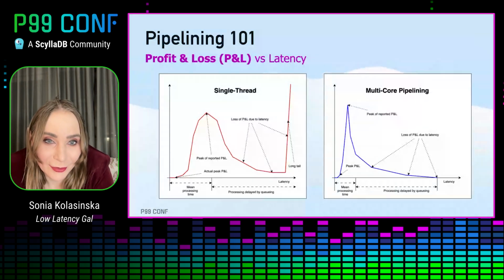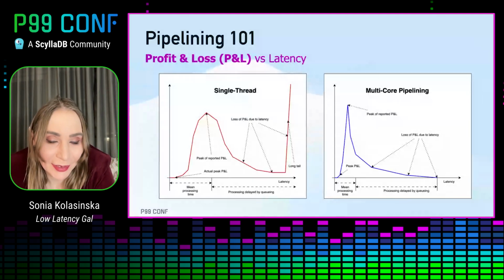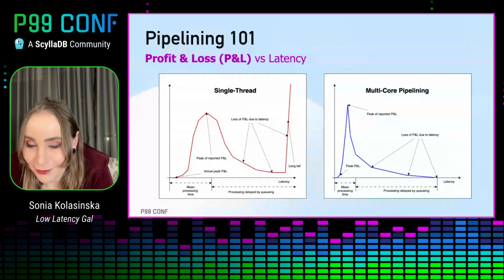So you're going to have this PNL loss due to latency, right? This market data was so delayed that, if it wasn't delayed, maybe you would fire on it. You would say, oh, that's a good market price to fire on, but it was so delayed that you weren't able to take it, right? That's how a single-threaded solution suffers from this problem.